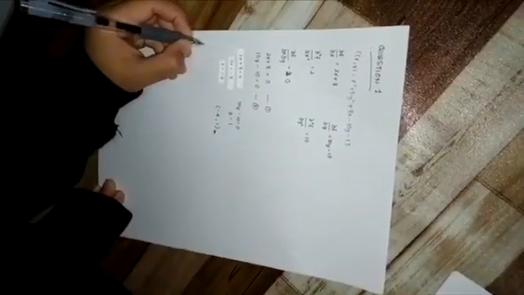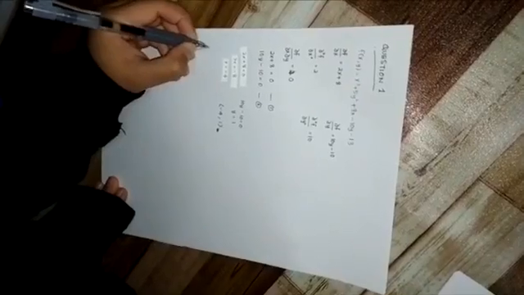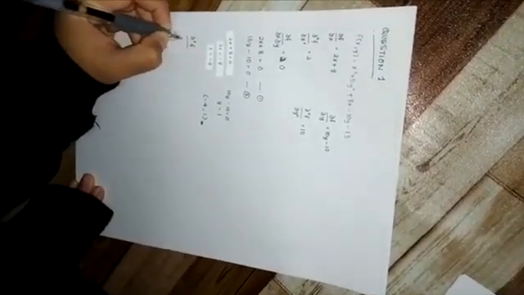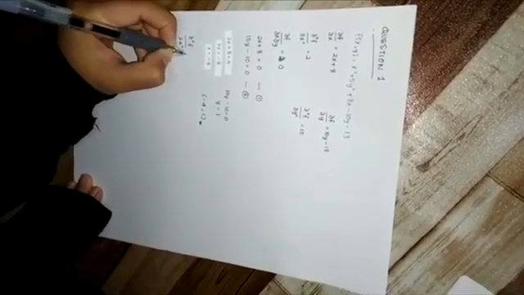To find the local extremum, we need to find the discriminant by using this formula.